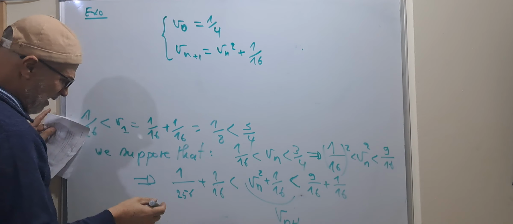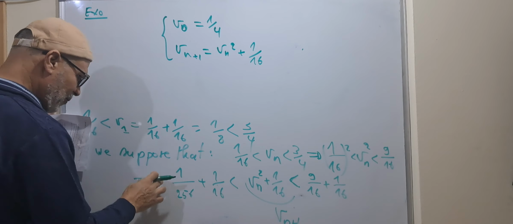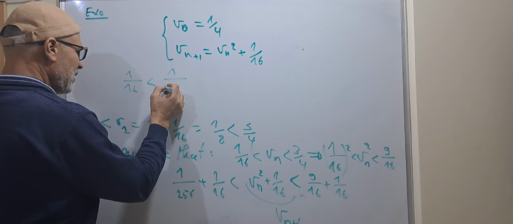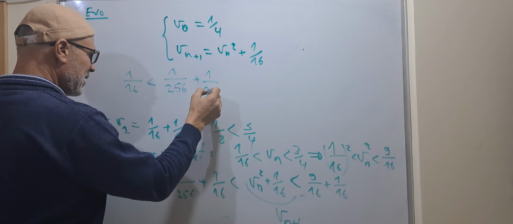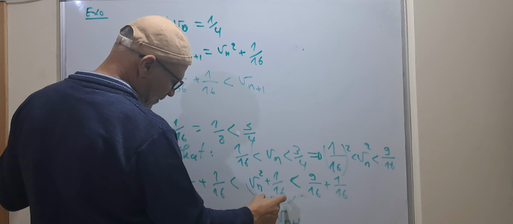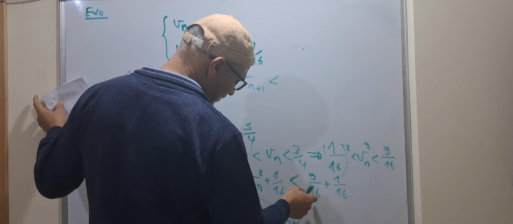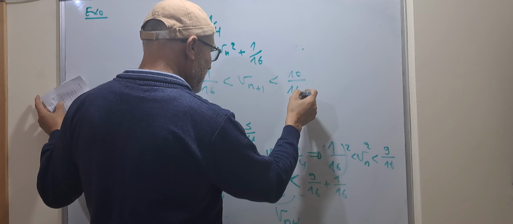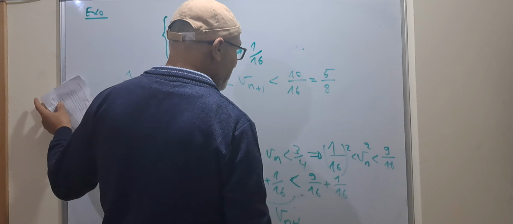From this side we know that this is greater than 1/16, so 1 over 16 is less than 1 over 256 plus 1 over 16, which is less than the n plus 1. This is the n plus 1, which is less than 10 over 16, which is equal to 5 over 8.